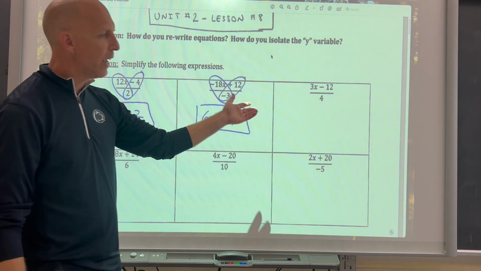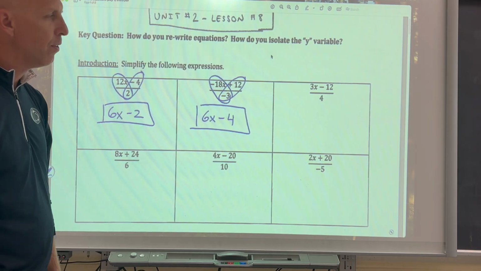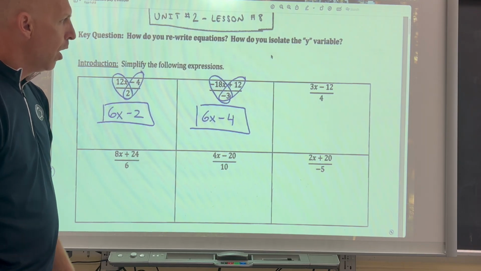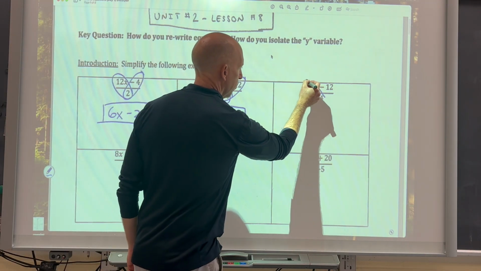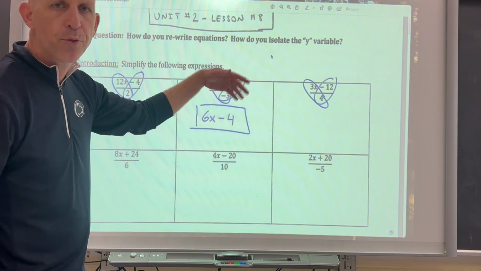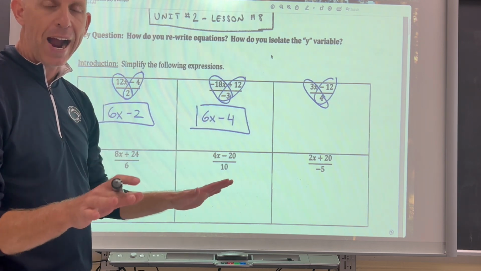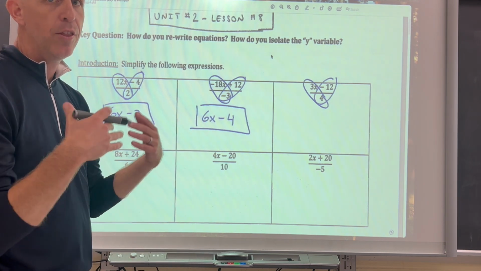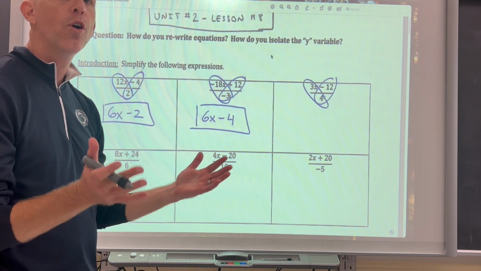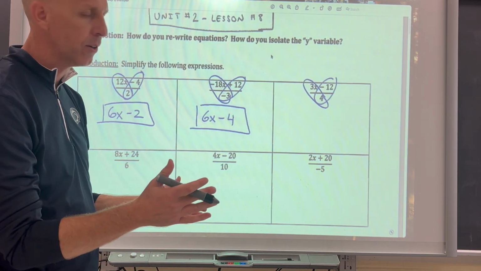All right, now here's where it gets a little bit more challenging. I got 3x minus 12 divided by 4. We need to divide both terms by 4. But here's the issue. If I divide 3 by 4, I get a decimal. We want a fraction. And the reason we want a fraction will come into Unit 3 when we start graphing these lines, okay?